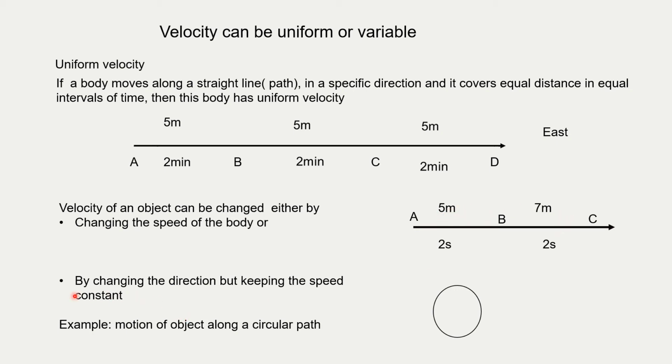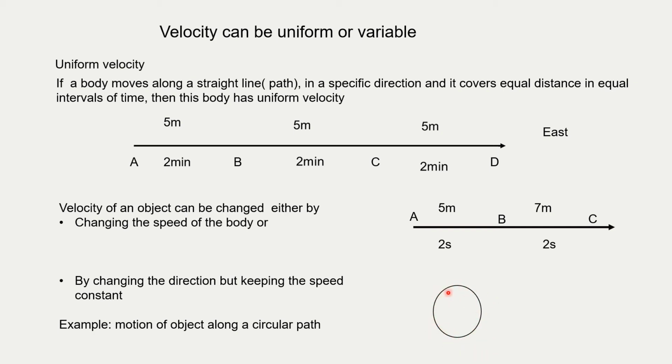Now by changing the direction but keeping the speed constant, we can vary the velocity. So let's say that the body begins moving from this point. If the body travels from point A and it goes along a circular path, then the body is moving in different directions.